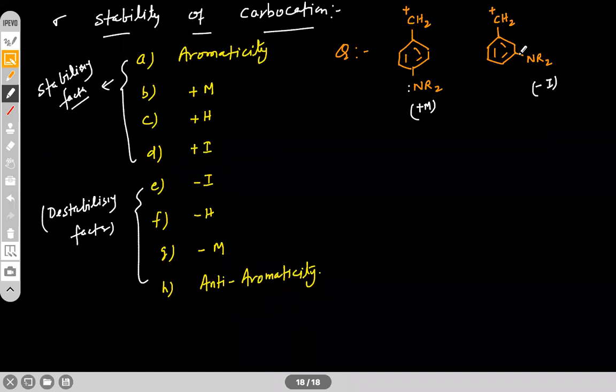No doubt, right? Which one is the stabilizing factor? Obviously, plus M dominates I effect, correct? So the first one is more stable than the second. No doubt.